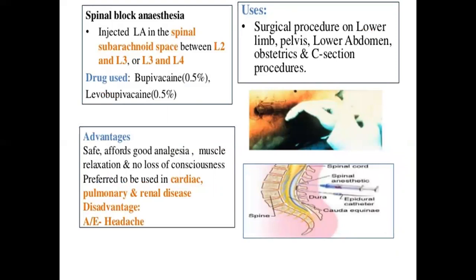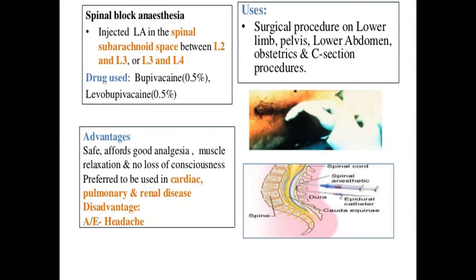Now, the next type of anesthesia is spinal block anesthesia. It is injected in the spinal subarachnoid space between lumbar 2 and lumbar 3, or lumbar 3 to lumbar 4.